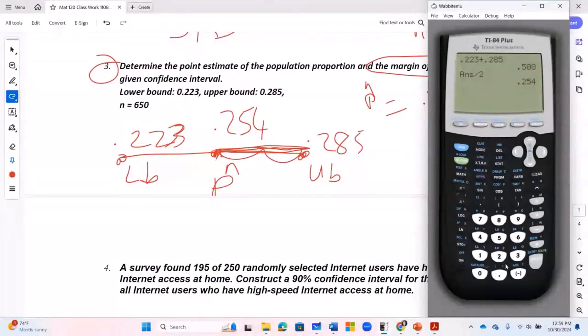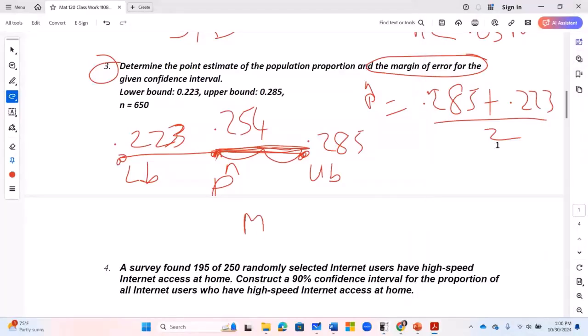So let me do that. The margin of error is 0.285 minus 0.254. And when I get an answer, it is 0.031. Therefore, margin of error is 0.031.